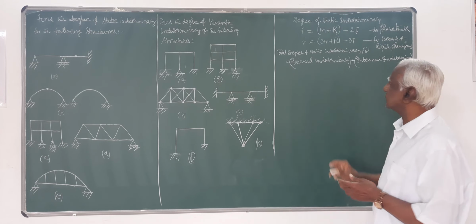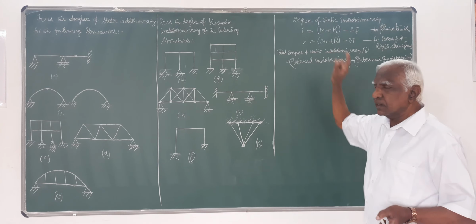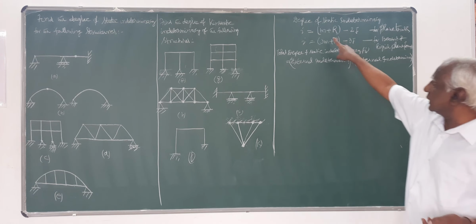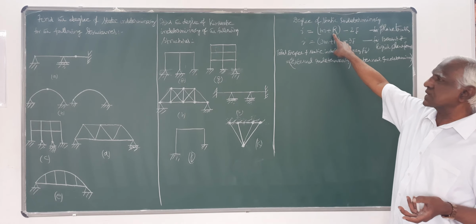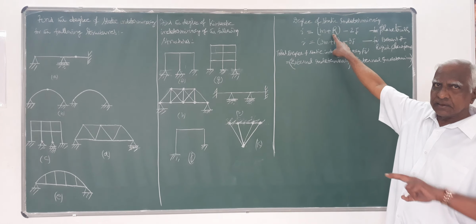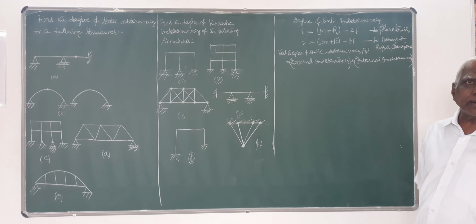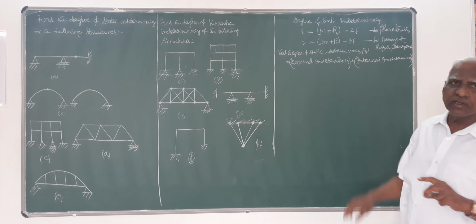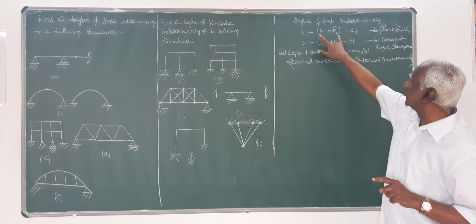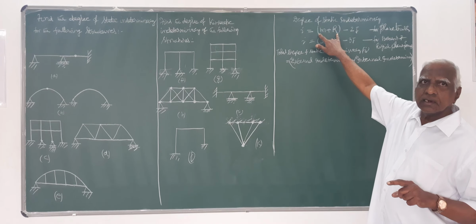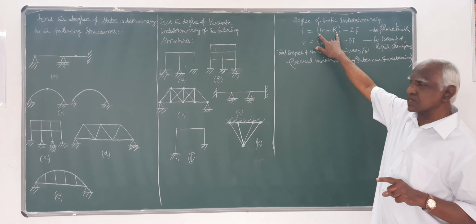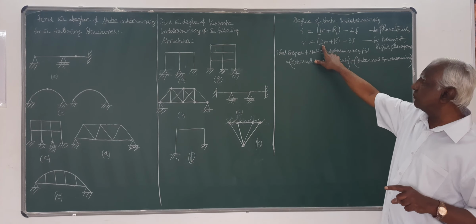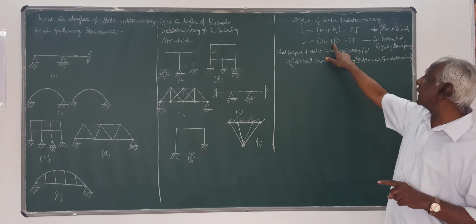Here, as per the definition, the total degree of static indeterminacy is the number of unknown internal member forces and external support reactions in the given structure which you cannot determine by equations of statics or equations of equilibrium only. Here the total unknowns are member forces and external support reactions.